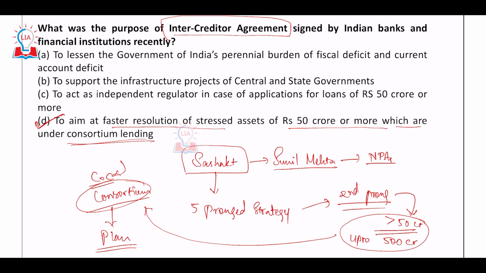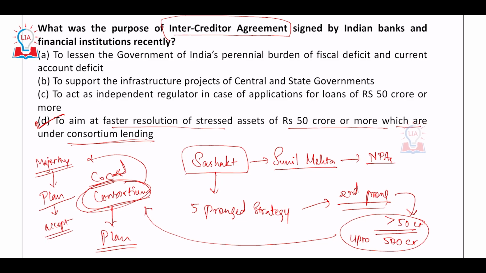So what did this intercreditor agreement say? It just meant that once this consortium comes together and forms a committee of creditors, if the majority of this committee decides that we are going to go ahead with a particular plan to resolve this NPA issue, other committee members also are supposed to accept.